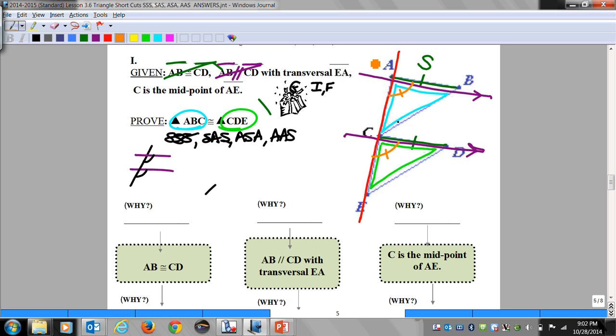So now we have a pair of angles. We also had another piece of information in the given. That C is the midpoint of AE. So if C is a midpoint of A to E, that means these guys are congruent. That's a pair of sides.